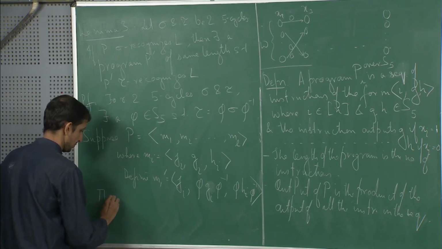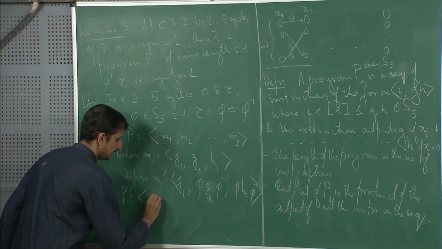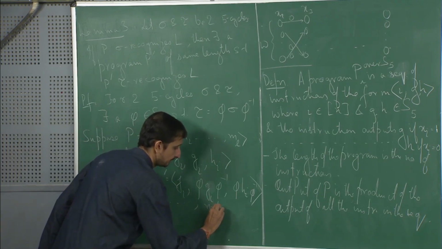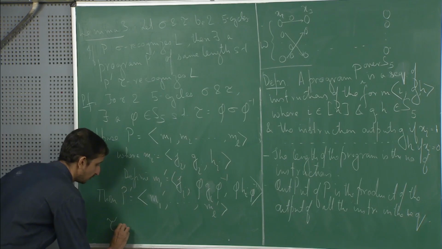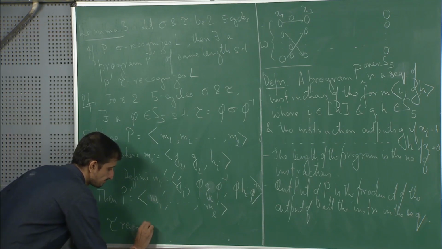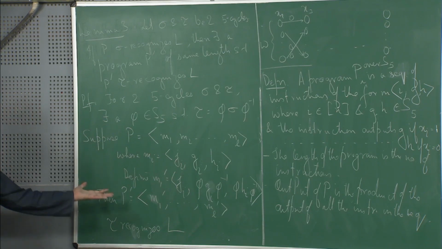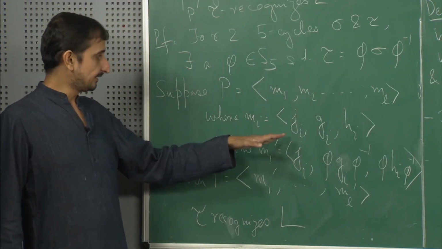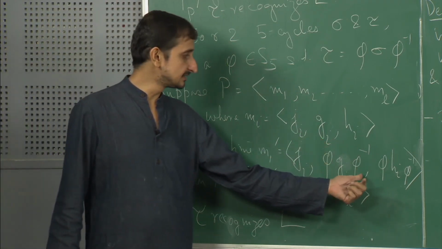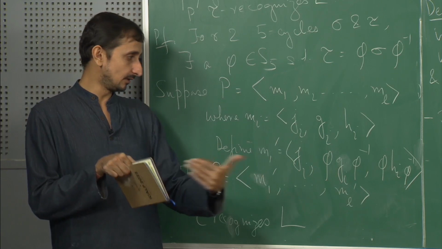Then P prime, which would be M1 prime up to ML prime, tau recognizes the language L, because, very simple, if I look at the product of all these permutations, the phi inverse and phi of 2 adjacent permutations will cancel off.